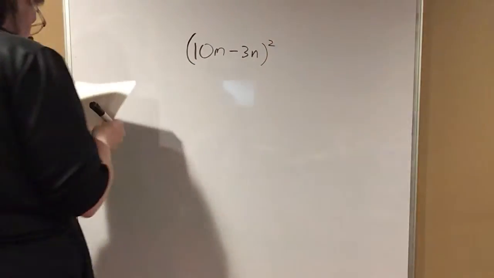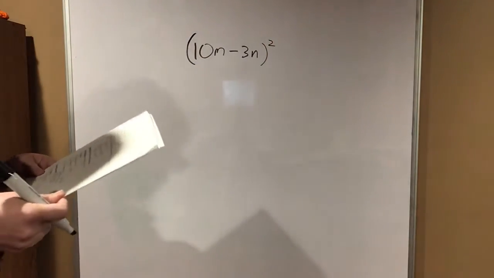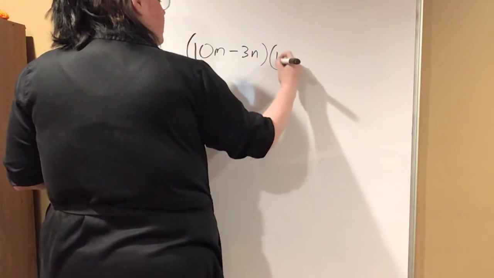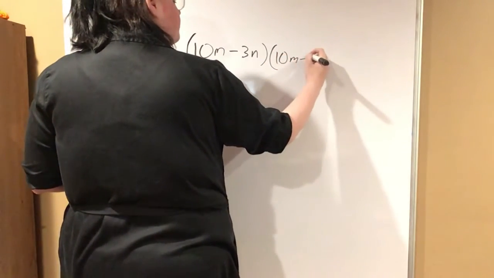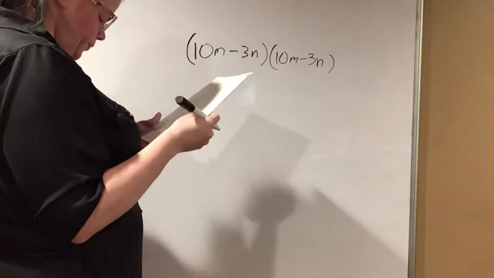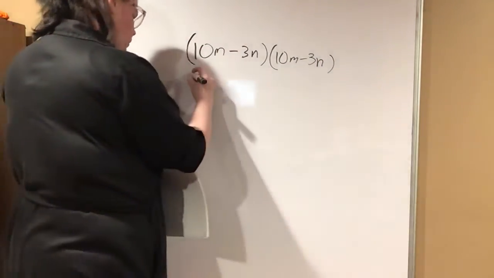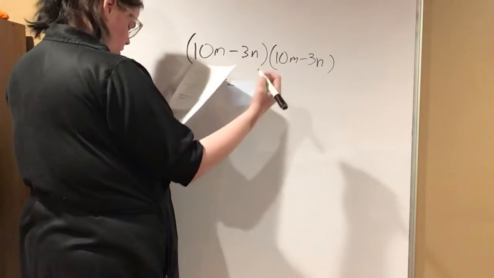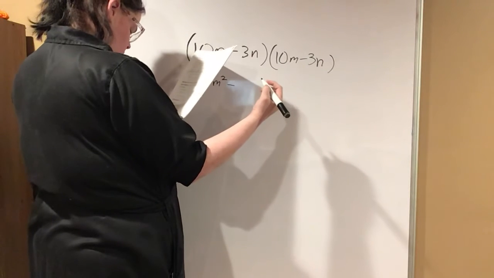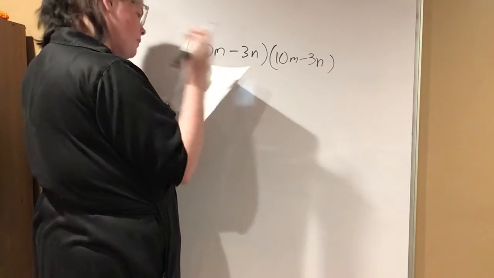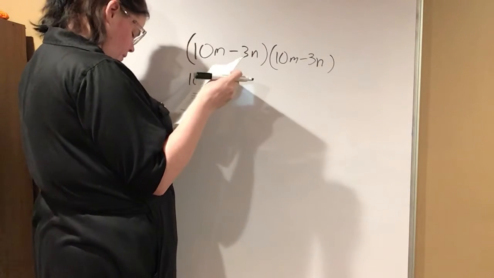So if I see 10m minus 3n squared, take this guy out and just write another 10m minus 3n, and then multiply through. So I get 100 n squared minus, hang on, because I did this math wrong on here, guys.